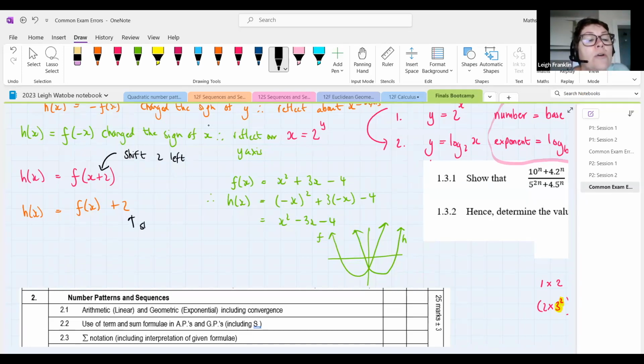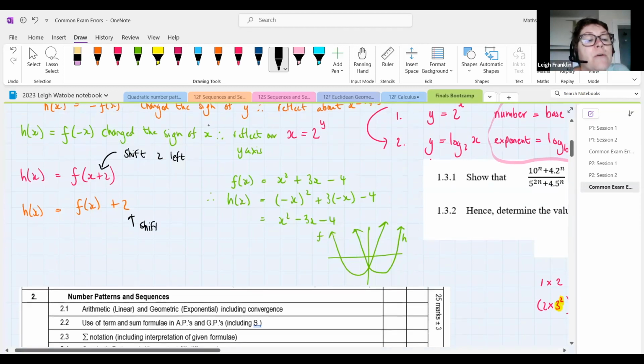Here we are shifting up. Okay, so adding onto y moves something up. Minusing something from y moves it down. Adding onto x moves it to the left. Subtracting from x moves it to the right-hand side.